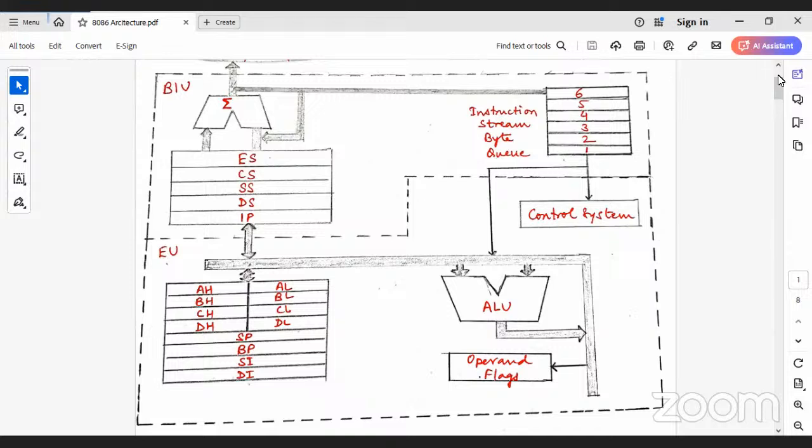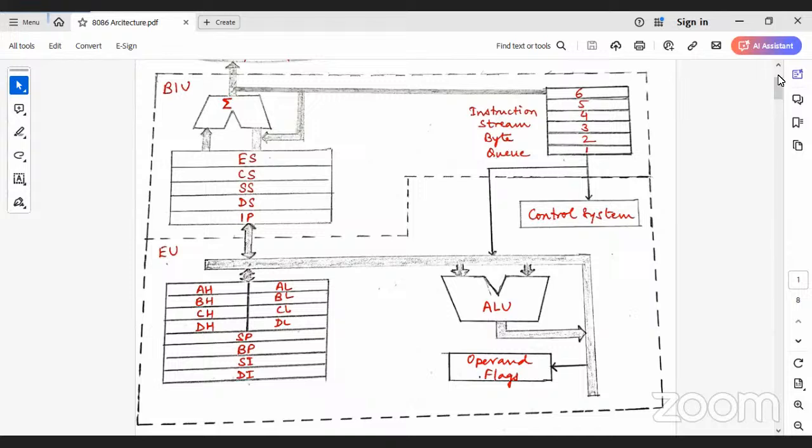So now slowly you will see what the different flags in the 8086 processor are. The 16 bits, as I said, are the same as earlier in 8085. Here also you will have the sign flag, parity flag, auxiliary carry, carry flag, and some bits will be left vacant also. So this is a rough sketch of the flags. Now you are seeing some thick shadowed lines. Those are all buses. So you can see the address bus.